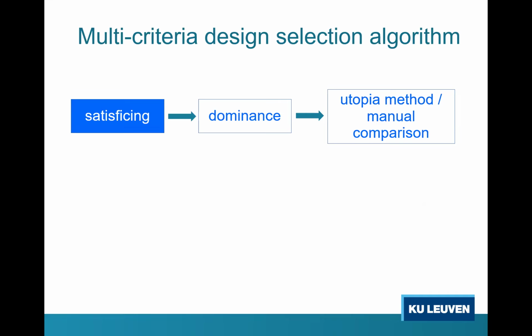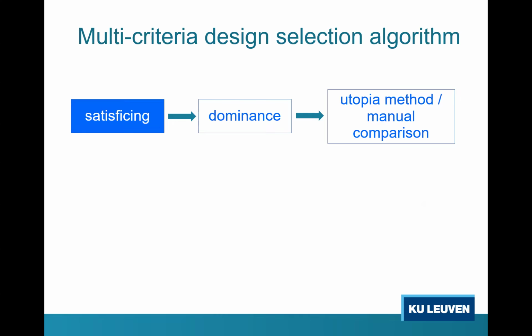In our original Technometrics paper, we framed that as a 3-step approach. There's a satisficing stage, a dominance stage, and then a final selection stage where you can use the utopia method or where you can do a manual design selection.